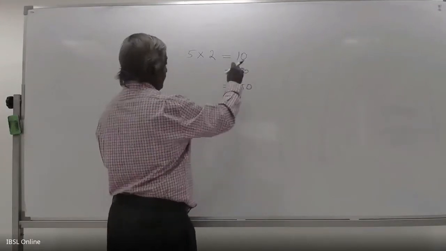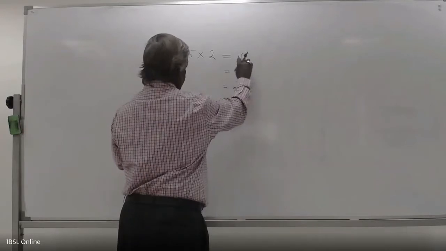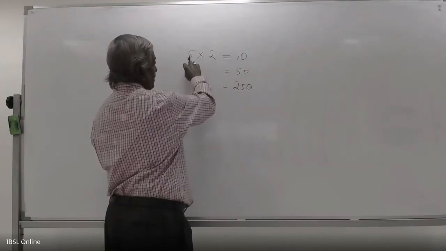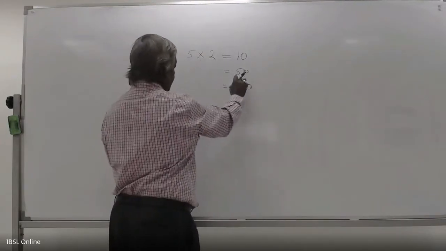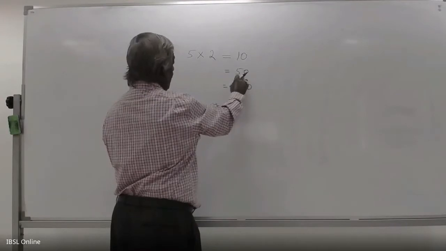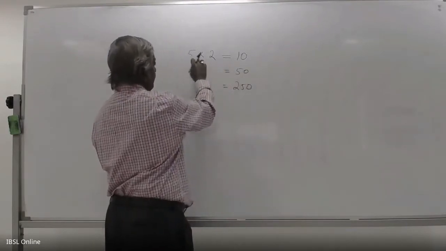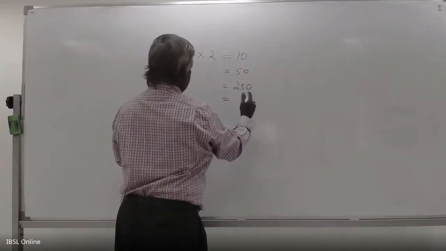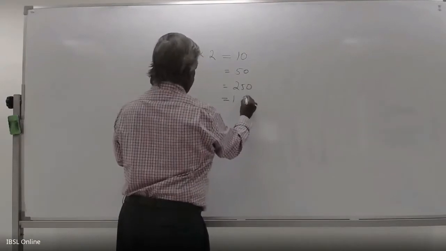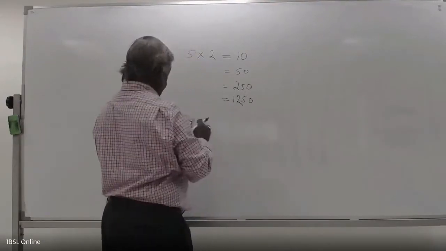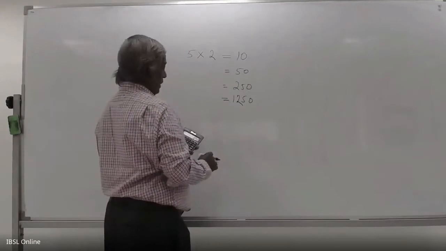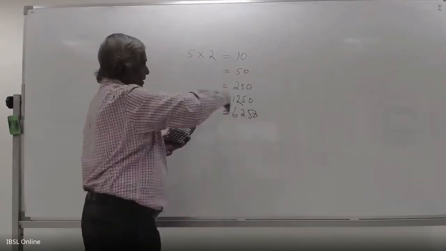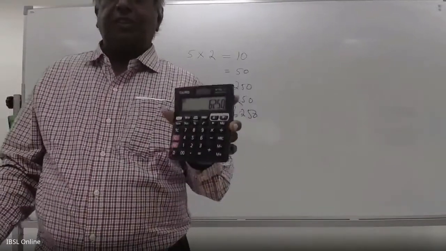That is, the answer you got gets multiplied by the first input, 5. Again, 250 into 5, 1,250. Again, 6,250. So this facility is there in this calculator.